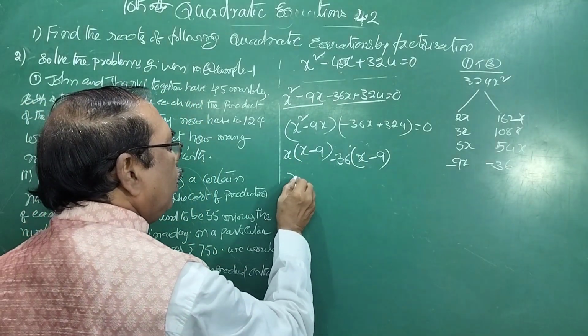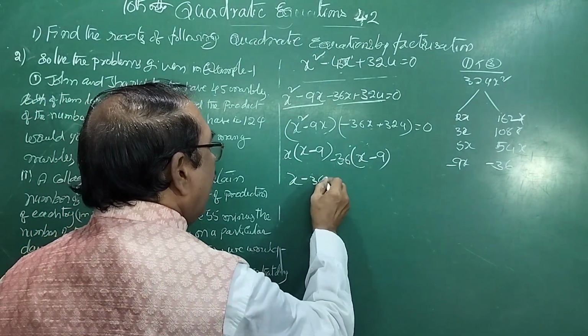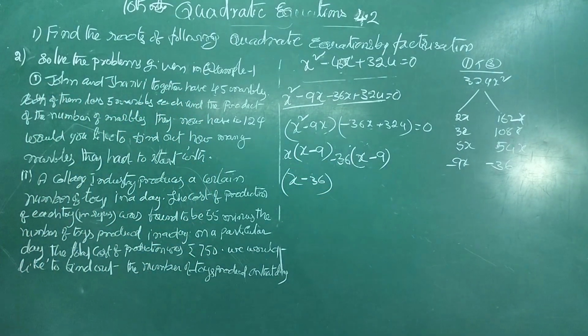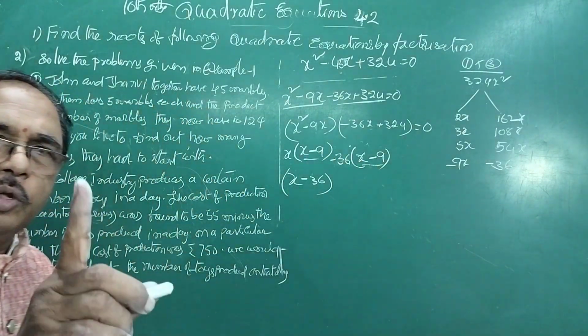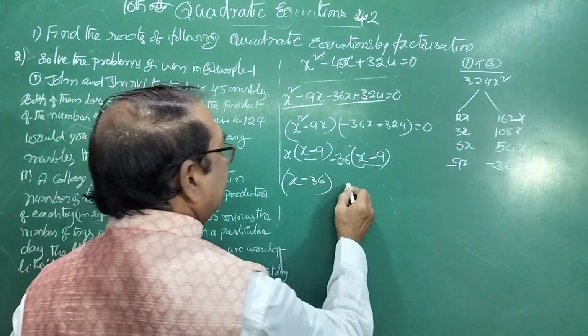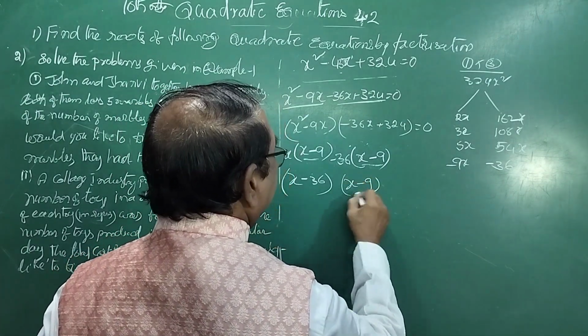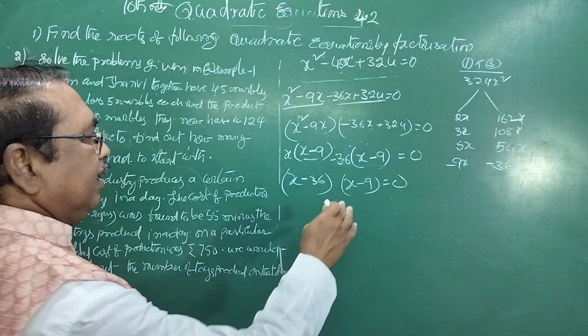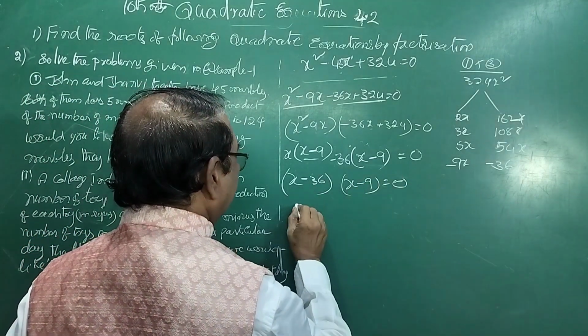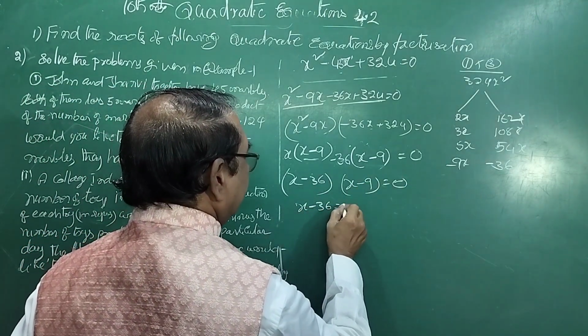Yes, x and minus 36x after once bring out to outside. And of these two common bracket things, one we have to take. What is 1? X minus 9 is equal to 0. Separately we have to find out x minus 36 is equal to 0.